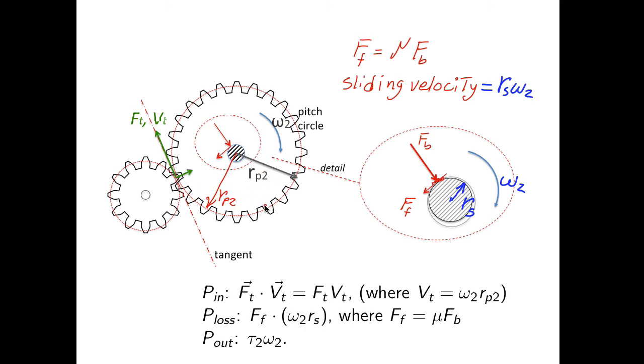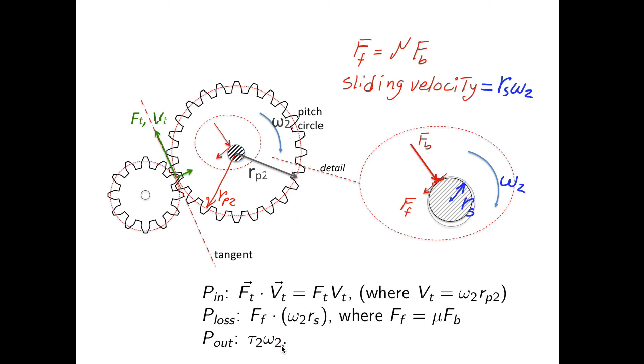Oh, I drew it there already. And what's getting lost is due to friction, which is at this shaft here. It's the friction force times the sliding velocity, omega 2 r sub s, where that frictional force is the coefficient of friction times the main bearing force. And then finally, the output power, what gets transmitted by this gear to its shaft, is omega 2 and the torque associated with that.